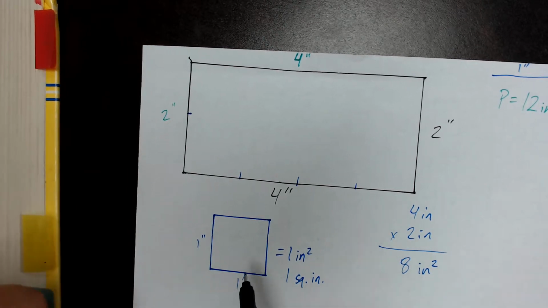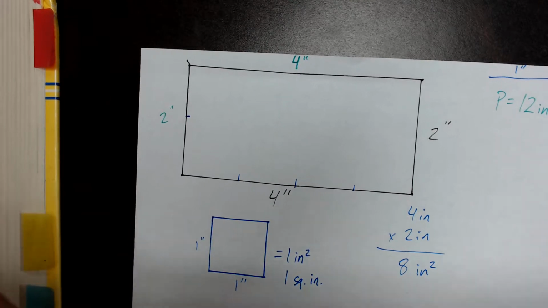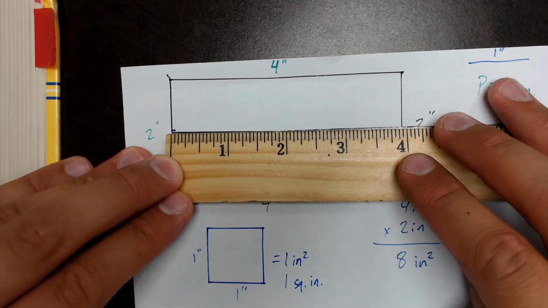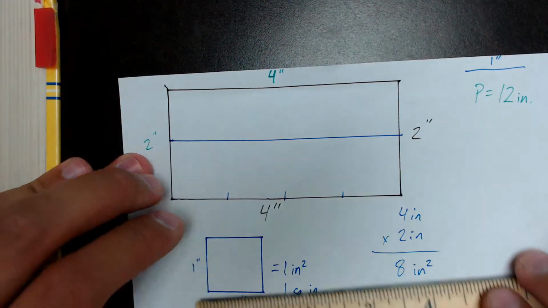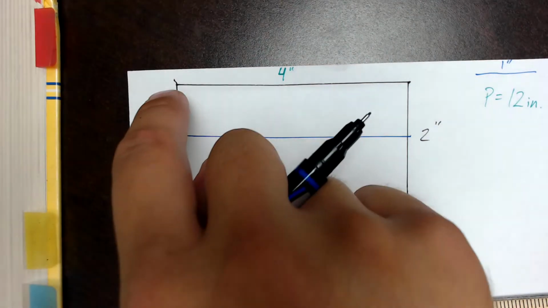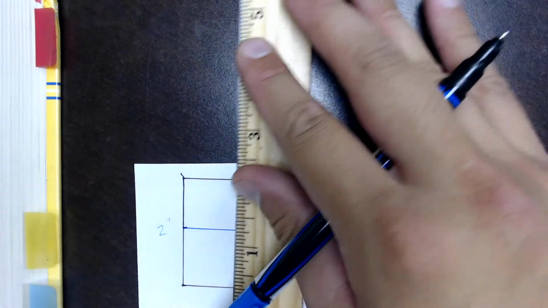So in order to figure out these squares, all we have to do now is extend these lines, right? So I can take this 2, we can extend this line all the way across, and I know that I've cut this into 2 rectangles that both have a height of 1 inch. So 1 inch, 1 inch. Right? And then I can take this line right here and I can extend this one as well.